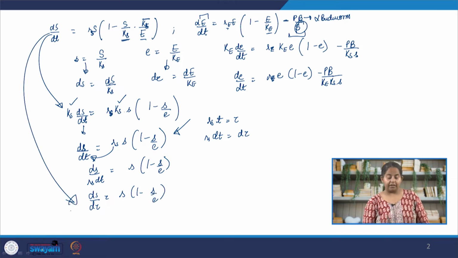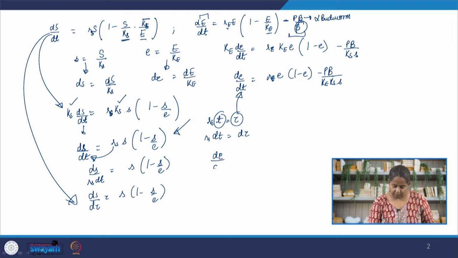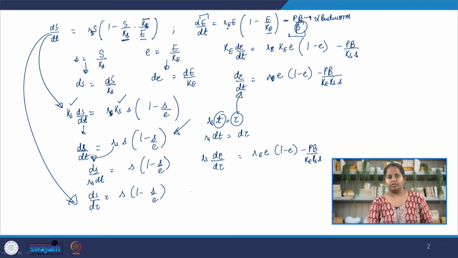Now let's put this value of the new time tau here, and what we'll get is, we can take the Rs from the LHS to the RHS.